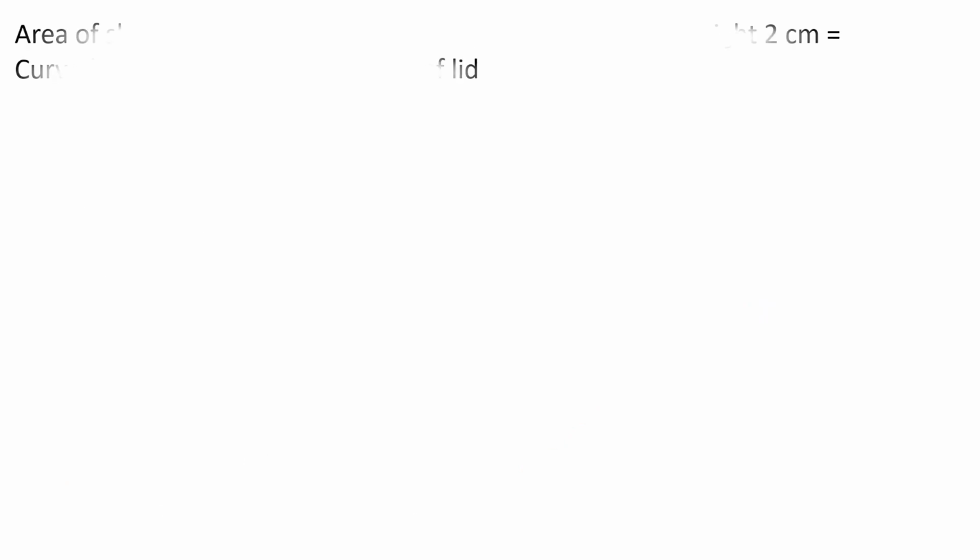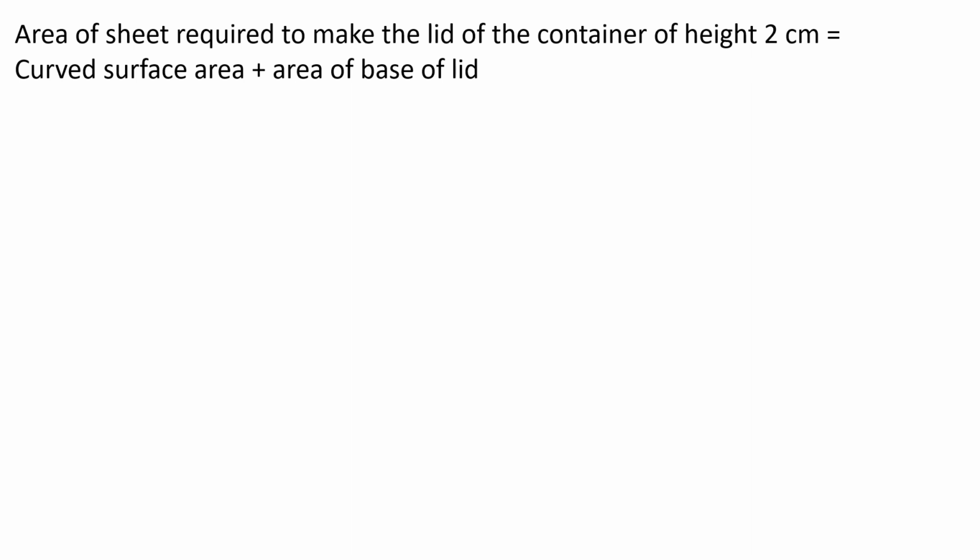So area of sheet required to make the lid of the container of height 2 centimeter is equal to curved surface area plus area of base of lid. The formula will be the same: curved surface area is 2 pi rh plus area of base is pi r square. I'll take common pi r, what remains, in bracket 2h plus r.